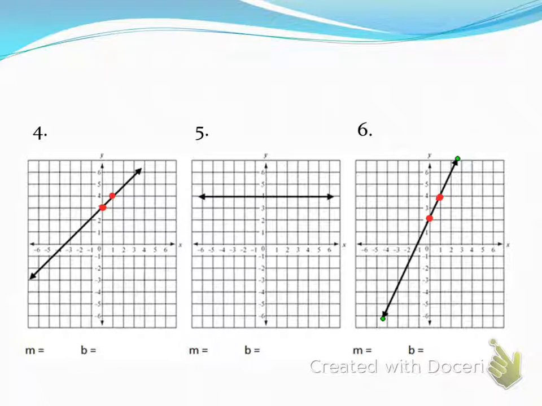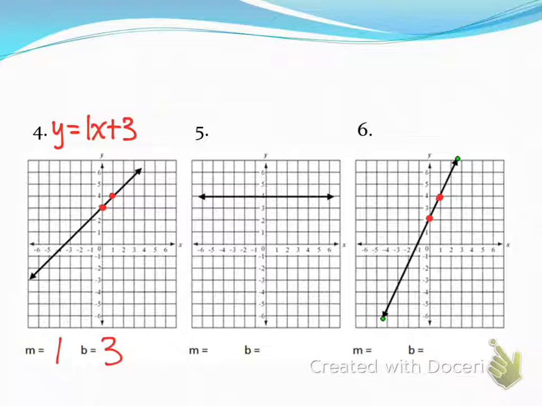Slope is 1, and the y-intercept is 3. Tariana, what is the equation of that line? Y equals 1x plus 3. Wonderful. And if you don't want to put that 1 there, you don't have to. Y equals x plus 3.